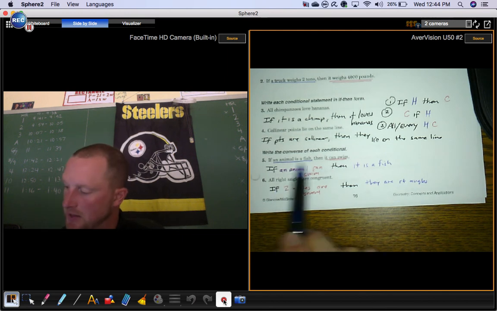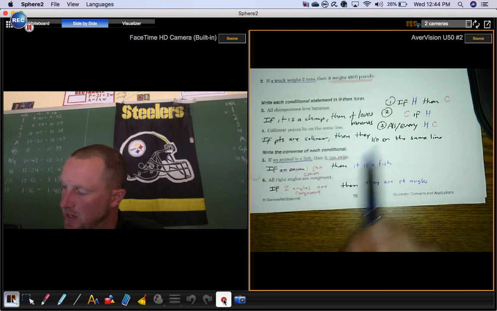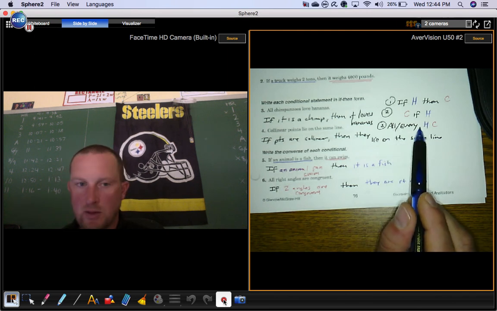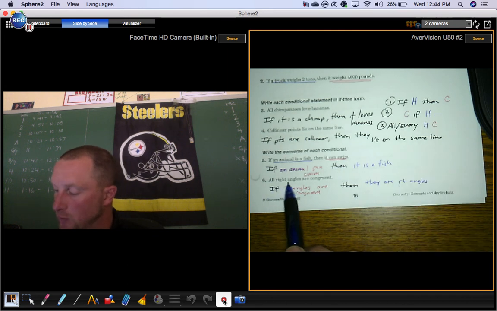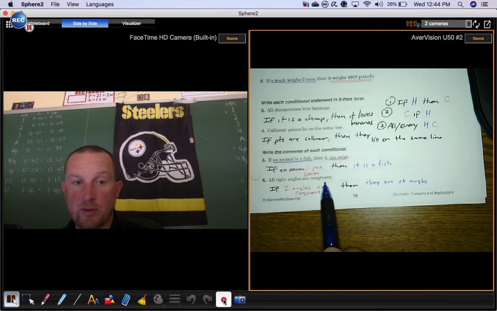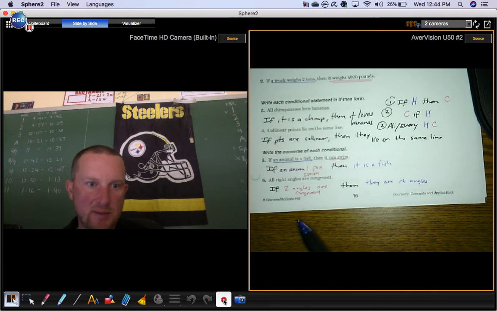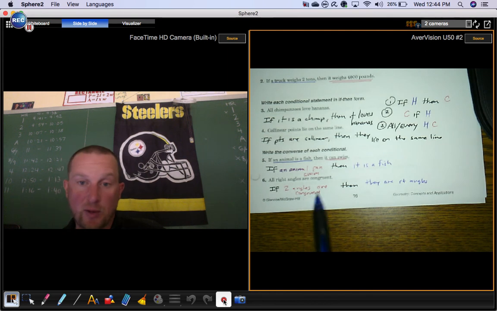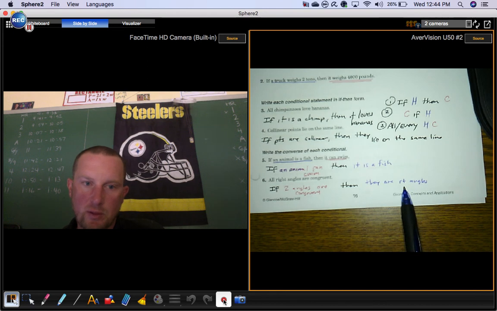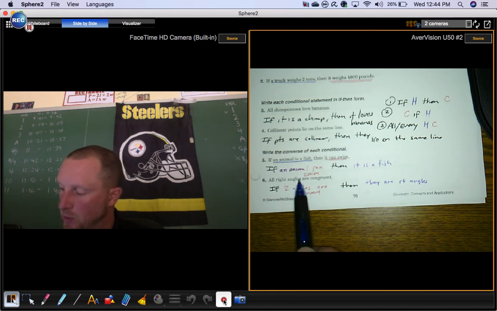It's not stated as an if-then statement. This one is stated like this. So if it helps you change this statement so it looks like this, you could write, if you have right angles, then they are congruent. Then take the converse of that. Okay, the converse should look like, if you have 2 congruent angles, or if your 2 angles are congruent, then they have to be right angles. We're not talking about truth values right now, but these do not mean the same thing.